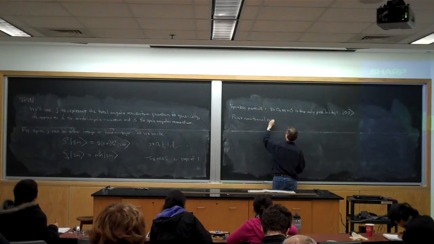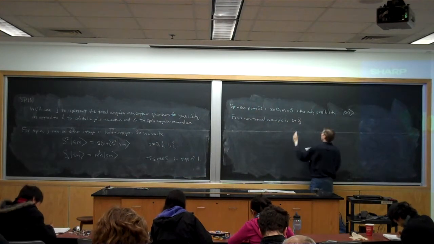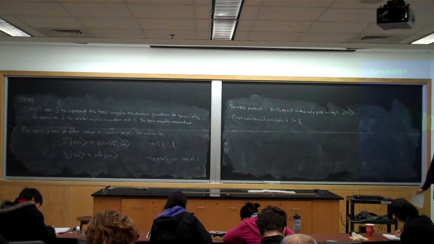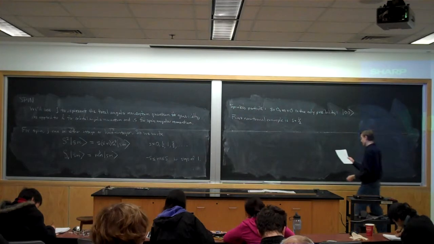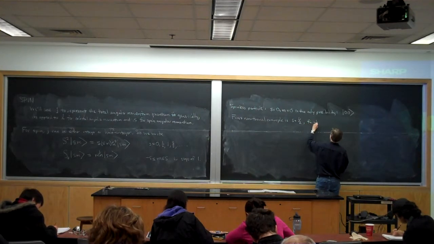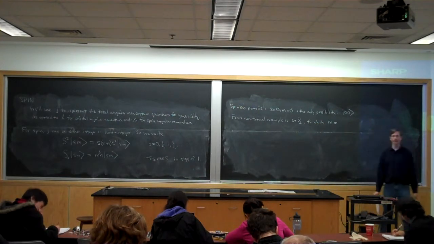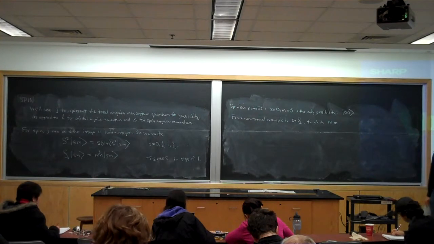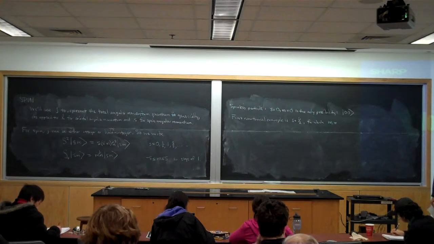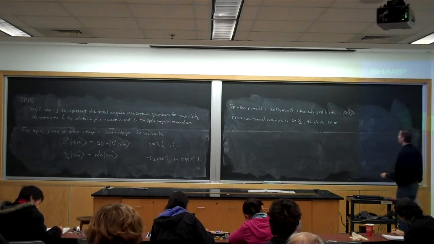The first non-trivial example will be for a particle which has a spin of 1/2, for example, electrons. What are the allowed values of m if s is 1/2? 1/2 and minus 1/2.